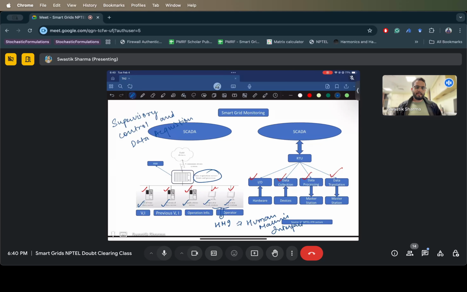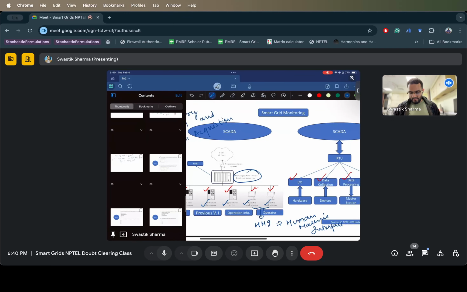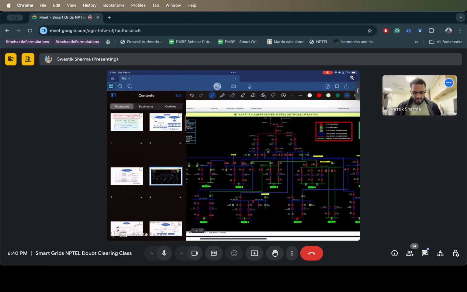I did talk about it. Data translation makes the data understandable for humans, right? For a human machine interface, it needs to translate the data into an understandable form so that we are able to manipulate it and tell what is happening with the system. So let's say this snapshot.